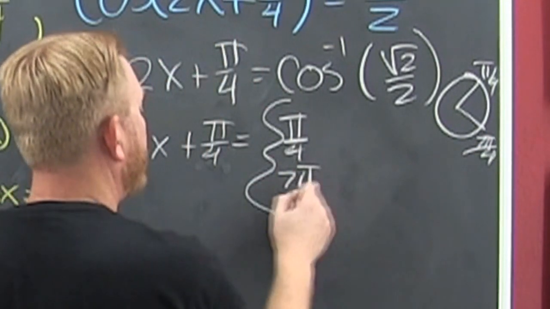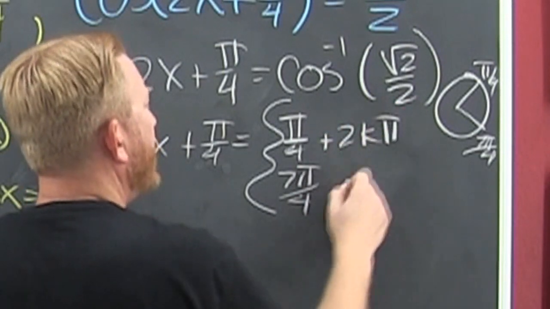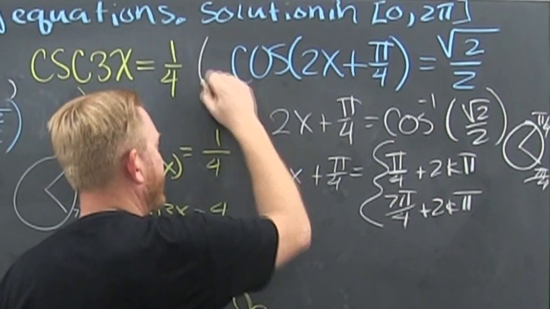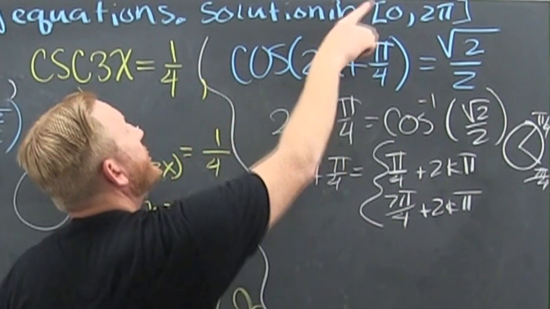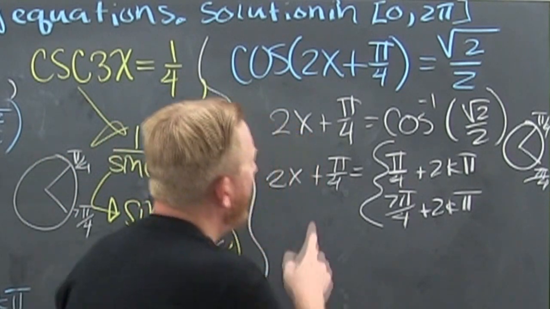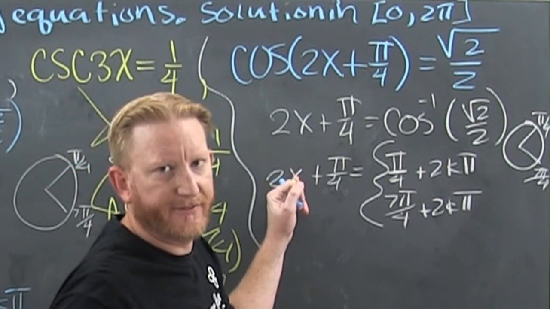7 pi over 4. And then I add the 2k pi to it, since I'm trying to solve this for all of them. Then I'm going to find the ones that satisfy our given conditions. So I'm going to subtract, because now it's like solving a linear in 2 different cases.